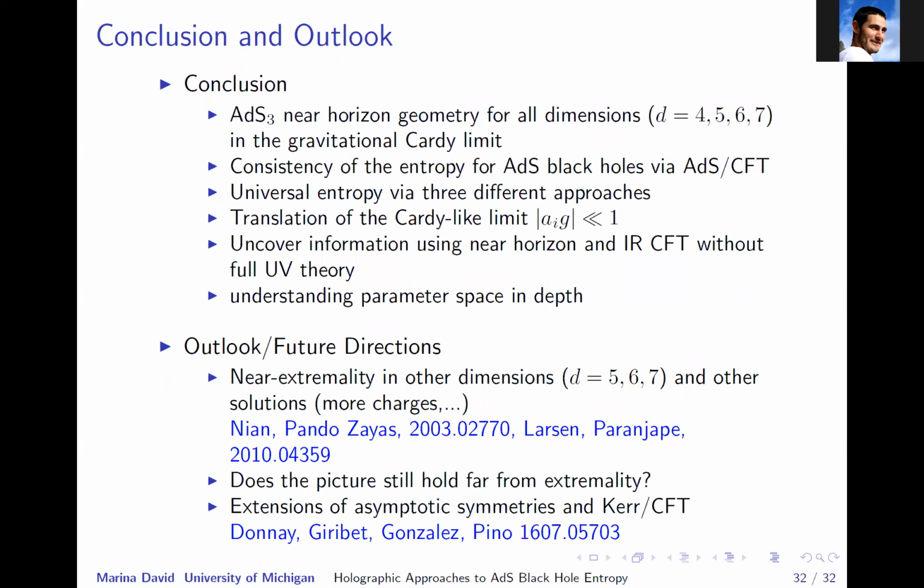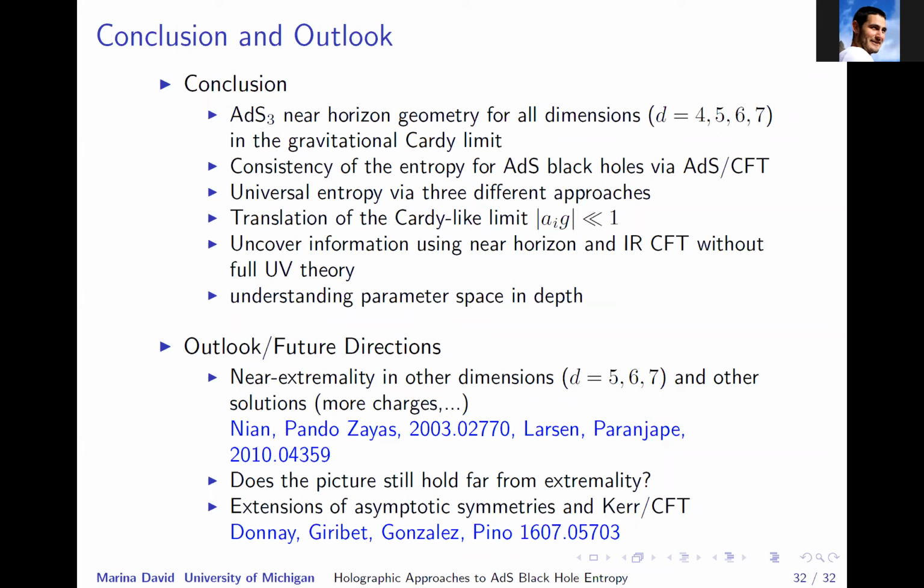Okay, so just to give some concluding remarks and future directions. In all of the solutions that we solved for and studied, they were rotating black hole solutions. And so the near horizon geometry was always some U(1) fibered over AdS2. We used this to understand what the Cardy-like limit meant on the gravity side, which we called the gravitational Cardy limit.